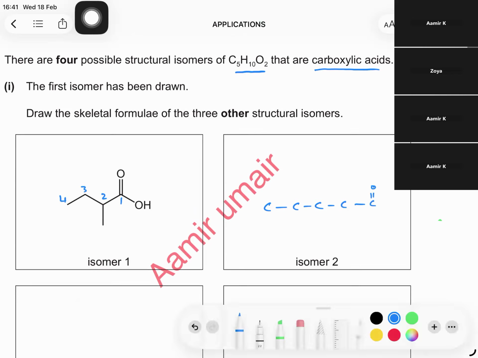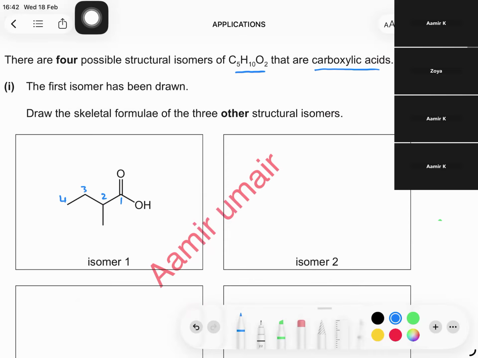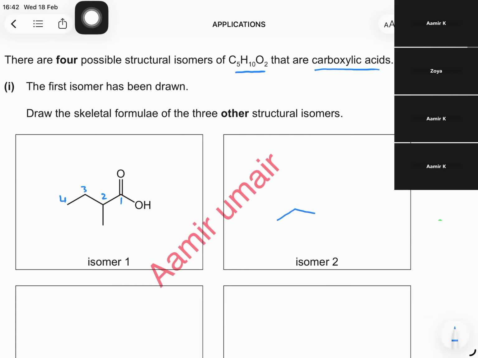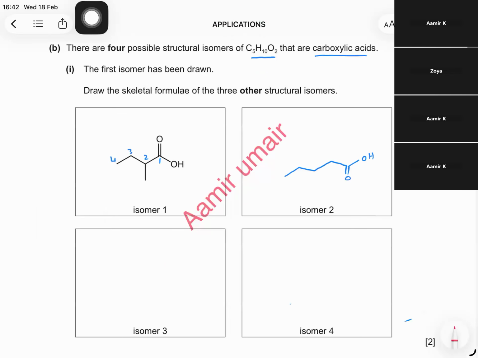We have to draw the skeletal formula, so let's draw it in skeletal form. This is a double bond and OH.